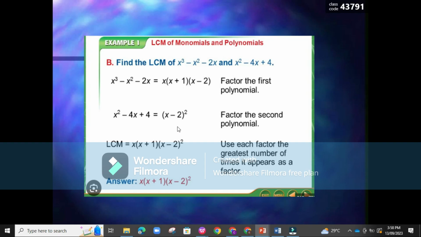And since x minus 2 is common, but here the exponent is 1 and here the exponent is 2, we're going to use the expression with the highest degree. So, this is now the LCM. Use each factor the greatest number of times it appears as a factor. So you have x times the quantity of x plus 1 times x minus 2 quantity squared.